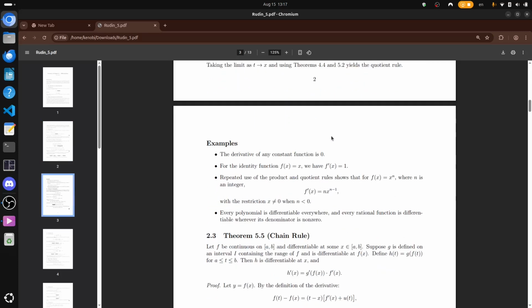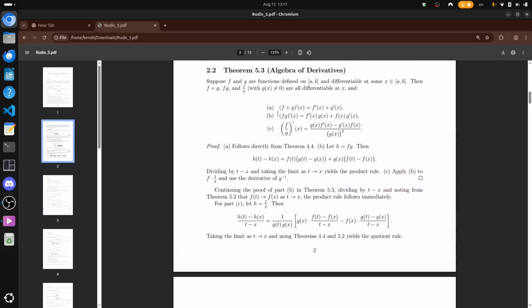Now, if we use these properties, we're going to get that the derivative of any constant function is 0. If you want to explain it, take the derivative of 1, for example.